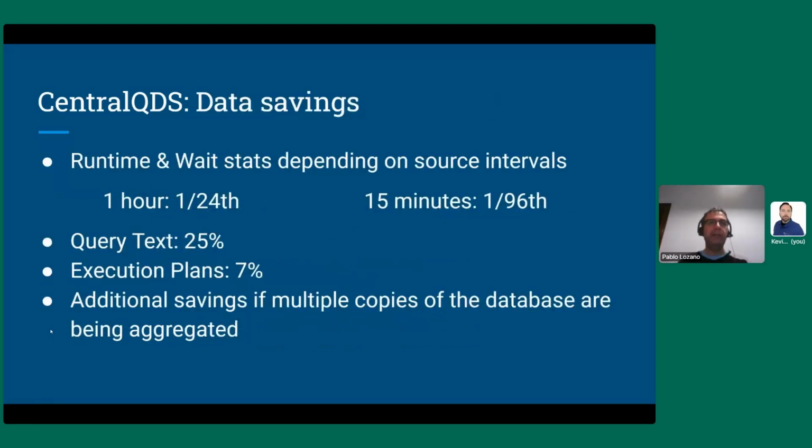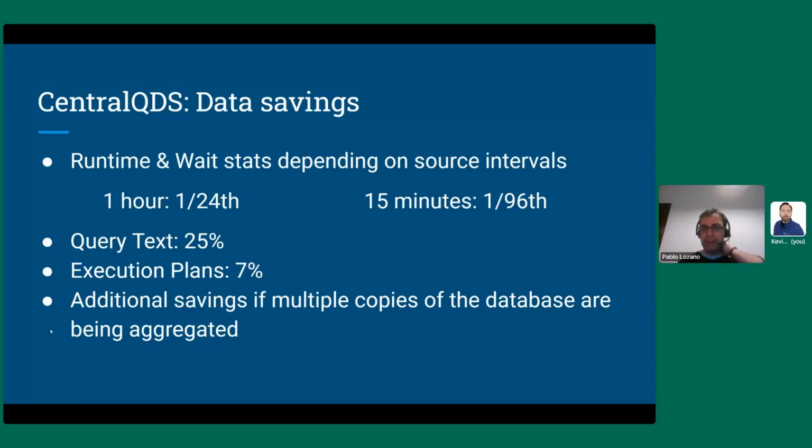And regarding data savings that I mentioned about compression, or how this can save you space in the server. Obviously for the runtime and wait stats, you will save space depending on the intervals you have on your original servers.